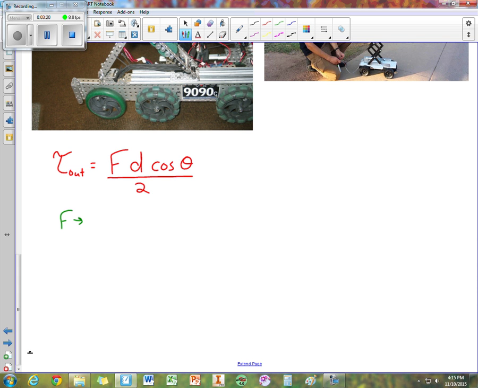So the F represents the weight of the scissor lift plus what you're trying to lift. The D represents the length of the levels for scissors.